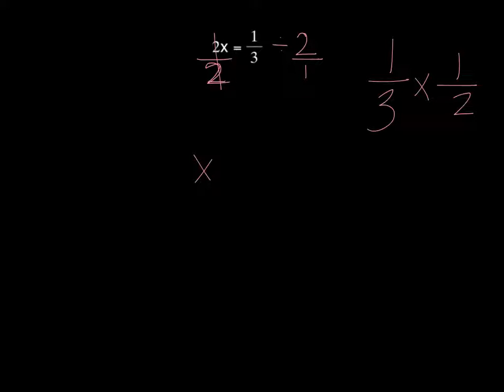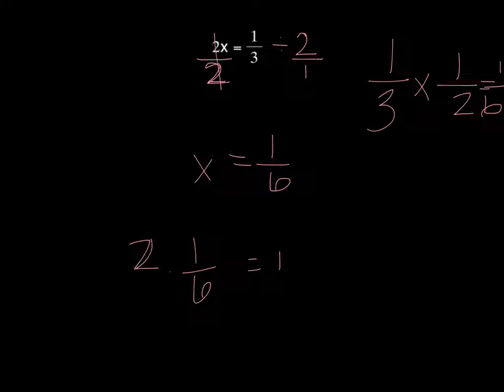So that would equal 1/6. So x equals 1/6. And if I wanted to check that out, I would do 2 times 1/6, and I should get a 1/3. So I would simplify, divide by 2, divide by 2. Yep, I'd get 1/3 equals 1/3.